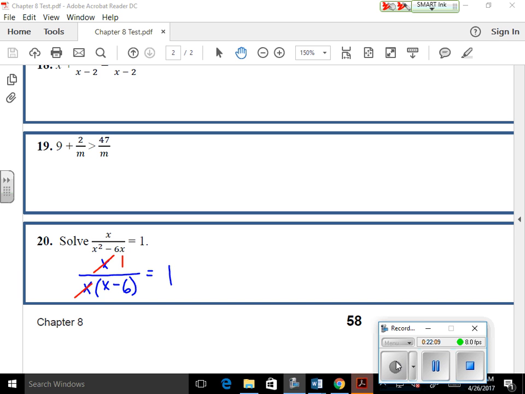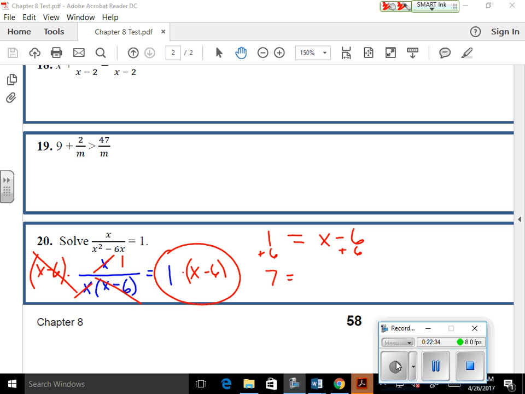Multiply both sides by x minus 6. Those will cancel, and so I'll get 1 equals, and on the right side, I have 1 times x minus 6, which is just x minus 6. Add 6 to both sides, and I get 7 equals x.